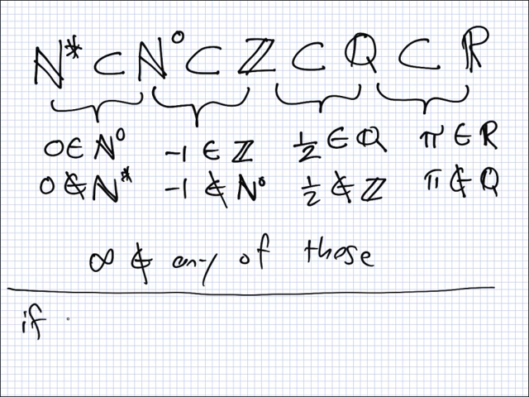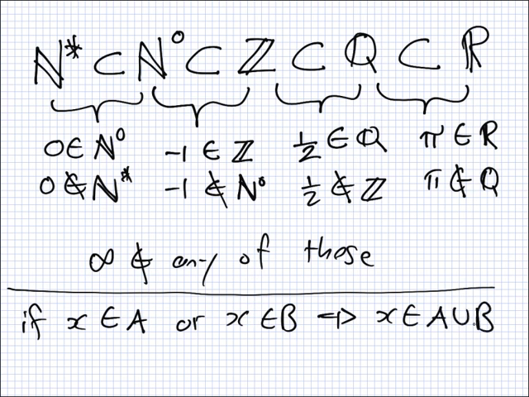If x is in A or x is in B, then that means x has to be in A union B. So if x is in one of them, then it has to be in the union.